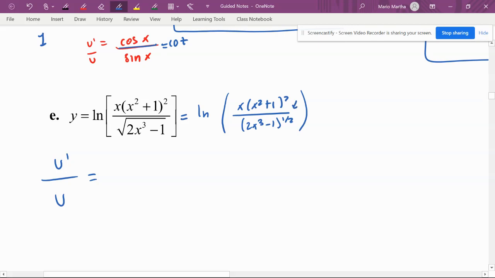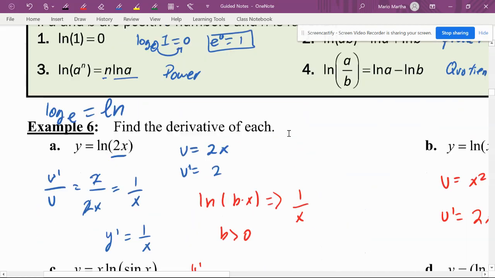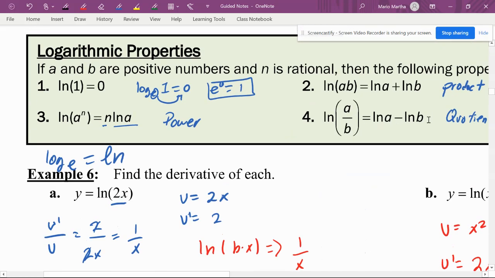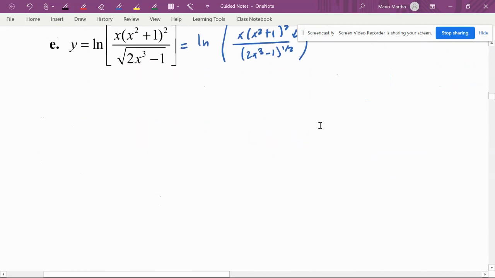To make this a lot simpler, I'm not going to apply this yet. I was actually getting ahead of myself, but I'm going to apply one of the properties of logarithms: if I have a fraction, I can split it up into a subtraction, right? That's one of the nice things about logarithms.